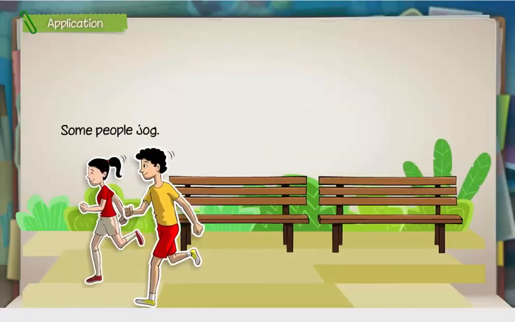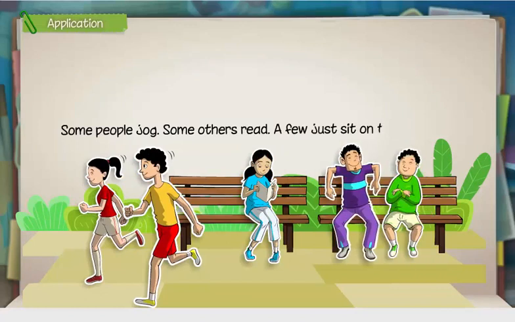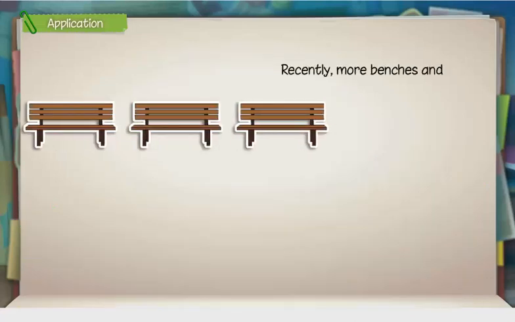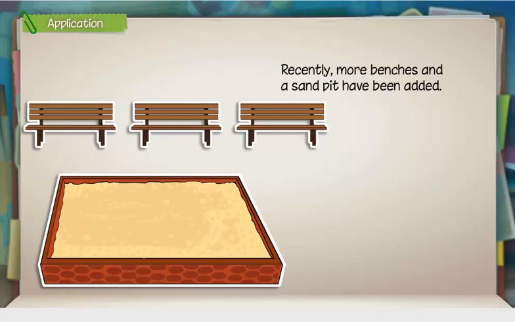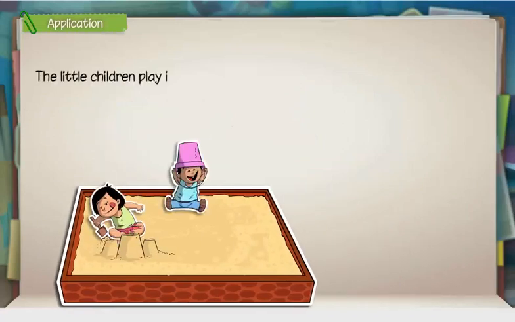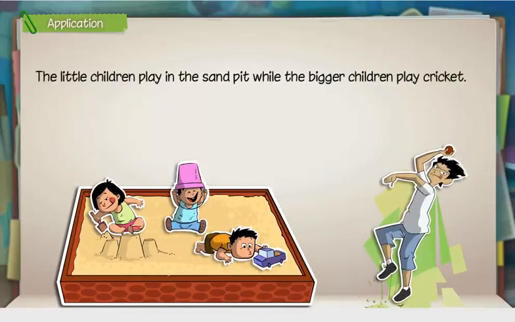Some people jog. Some others read. A few just sit on the benches. Recently, more benches and a sand pit have been added. The little children play in the sand pit while the bigger children play cricket.